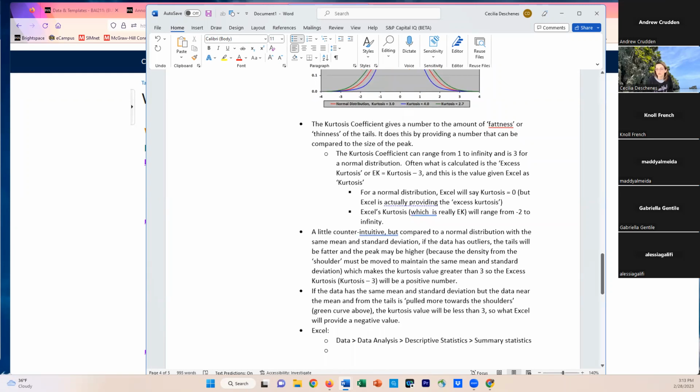Or if you just want the kurtosis, you can use KURT and put the data range. Okay.